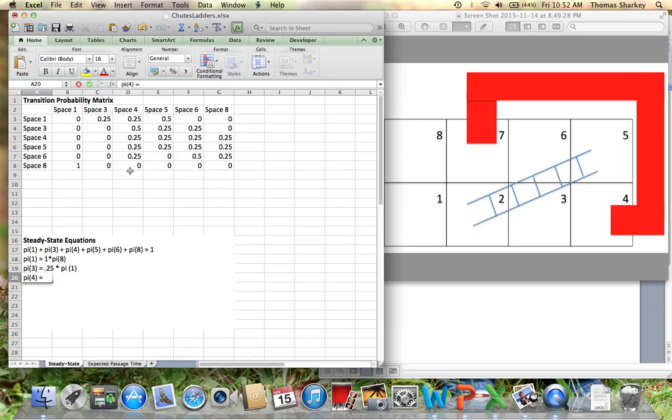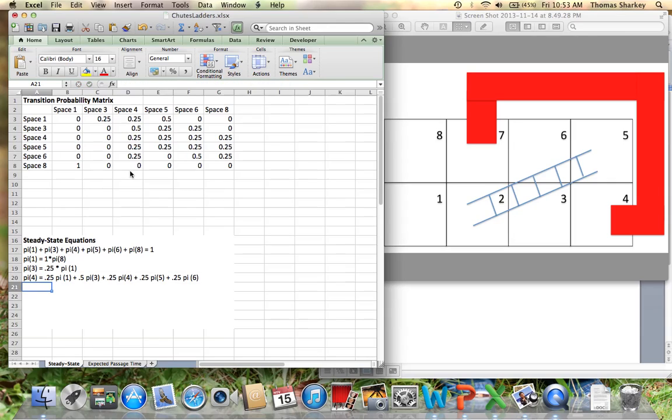We'll have 0.25 pi of 1 plus 0.55 pi of 3 plus 0.25 pi of 4 plus 0.25 pi of 5 plus 0.25 pi of 6.